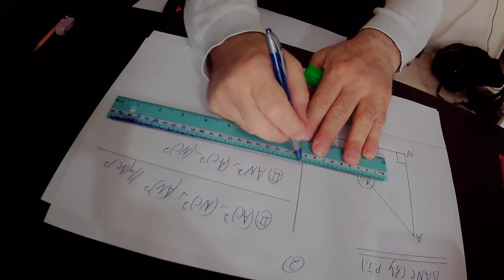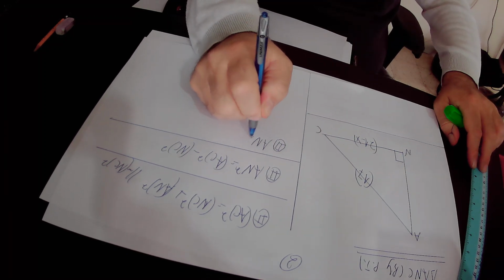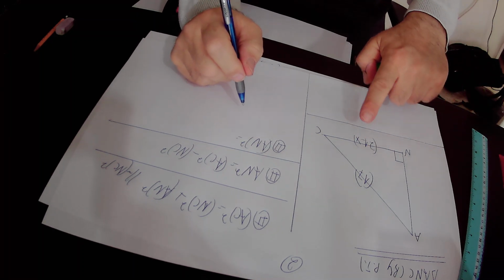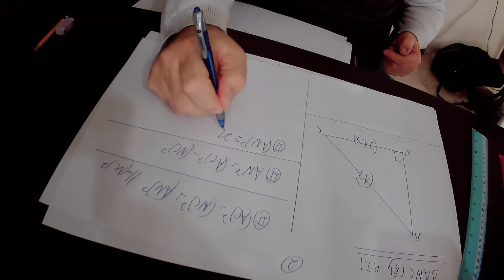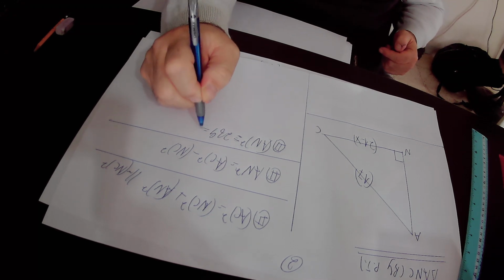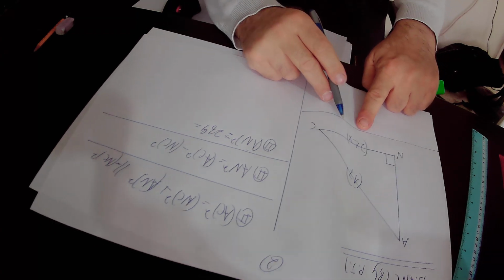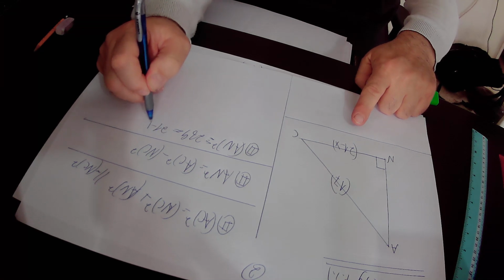So according to equation 2, AN squared equals AC squared. AC is 17, therefore AC squared is 17 squared, that is 289, minus NC squared. NC is 21 minus x, therefore NC squared is (21 minus x) squared.